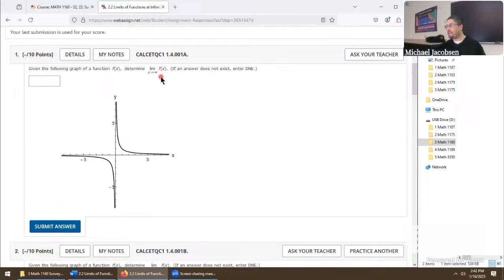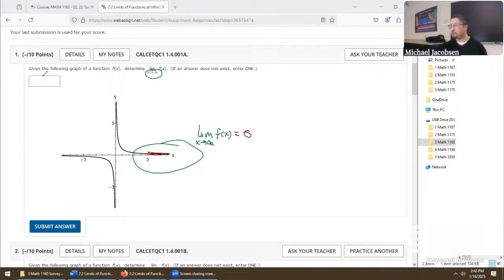0? Absolutely. Limit as x goes to infinity means, let's actually draw this in just to emphasize. Because it said x goes to infinity, we're concerned about this part of the curve to the far right. So the limit as x goes to infinity of f of x is, because we're getting closer and closer to the height of 0, equal to 0 itself.